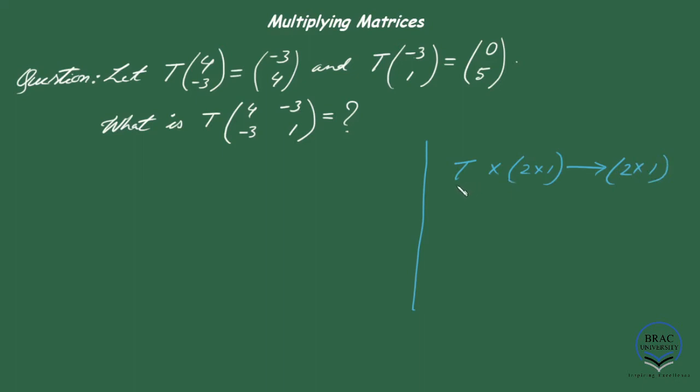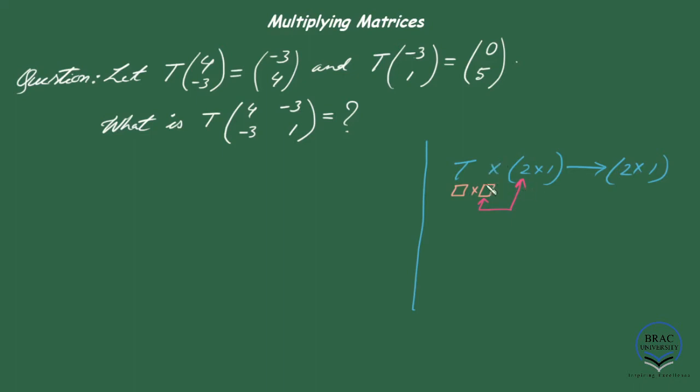Now we want to find out the order for T. So let me put a box over here times a box over here, and we'll find out the order for T. Now we know in the case of matrix multiplication, these two have to match. If they match, only then can we perform this multiplication operation.